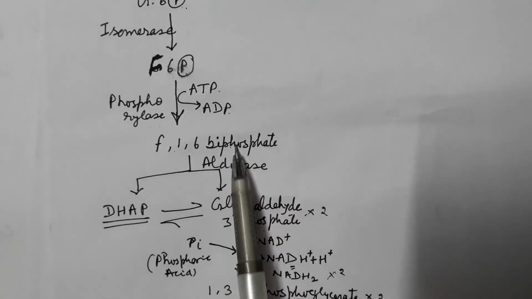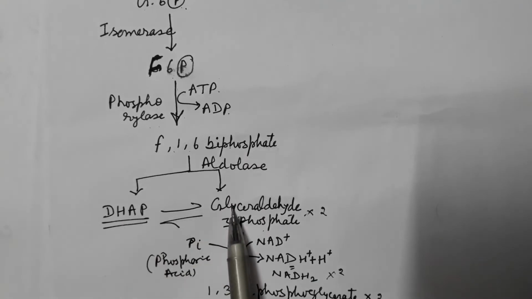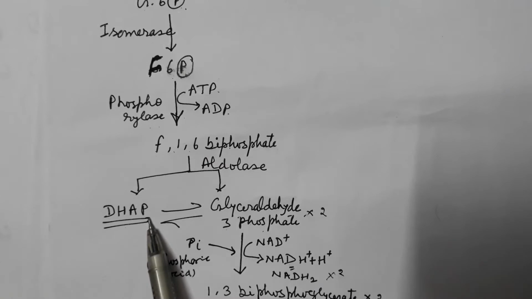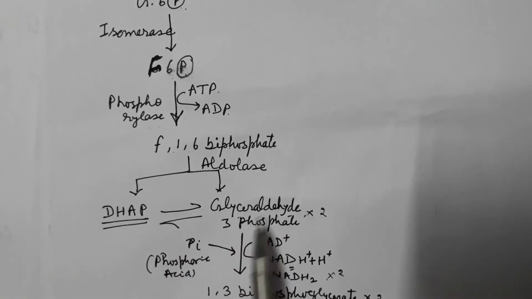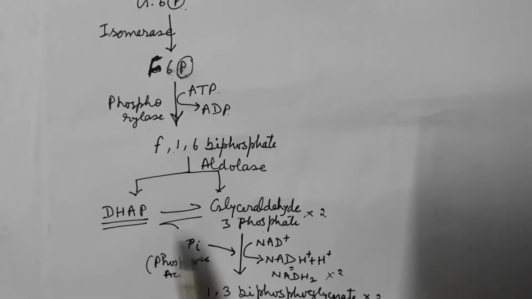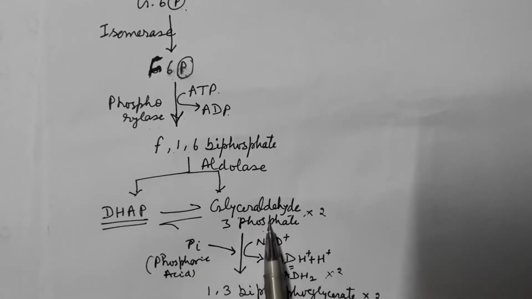Fructose 1,6-biphosphate is a 6-carbon compound. It is broken into two molecules of 3-carbon compound. One molecule of dihydroxyacetone phosphate is produced and one molecule of glyceraldehyde 3-phosphate is produced. Dihydroxyacetone phosphate and glyceraldehyde 3-phosphate both are isomers. Later on, dihydroxyacetone phosphate is converted into glyceraldehyde 3-phosphate.